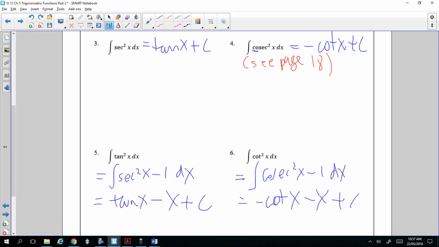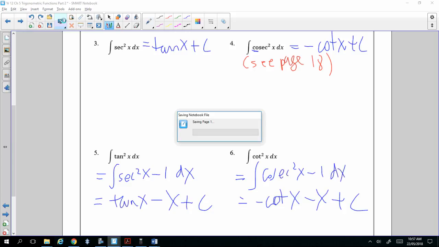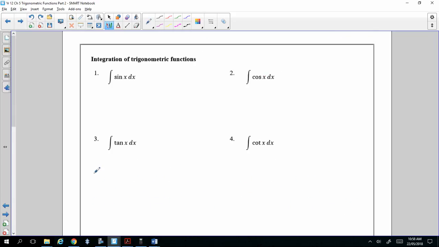So work this out. Alright, good. All done. Next page, you will find more integrals. Sin x, it's negative cos. Cos x is positive sine. Tan, you have to write it as a fraction.